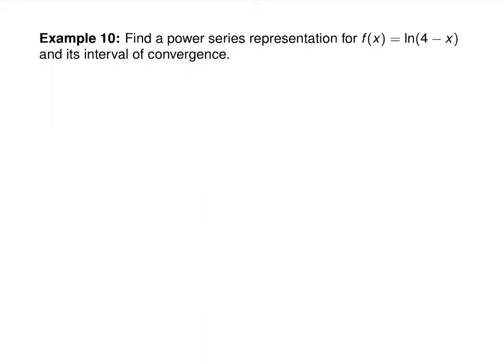All right, this guy, I can show you two ways to do this one. Do you want to do the derivative way first? Yes. Okay, so f prime of x is equal to what? Almost. Negative 1 over 4 minus x.